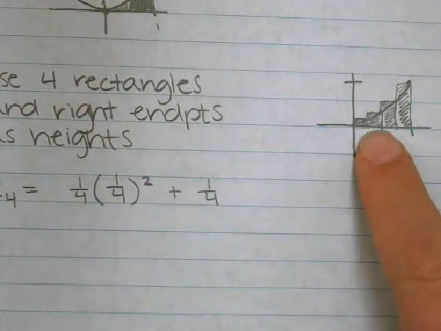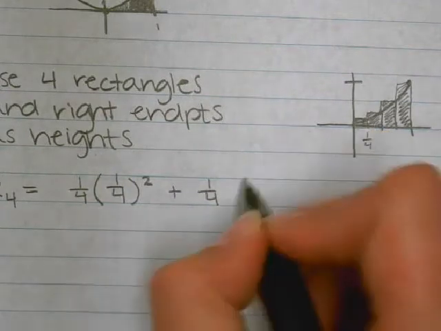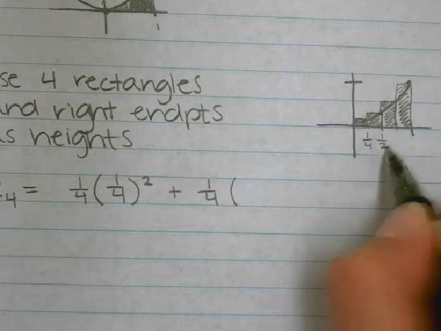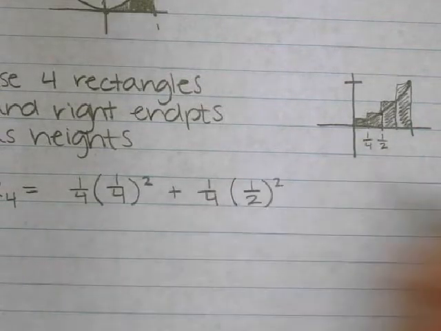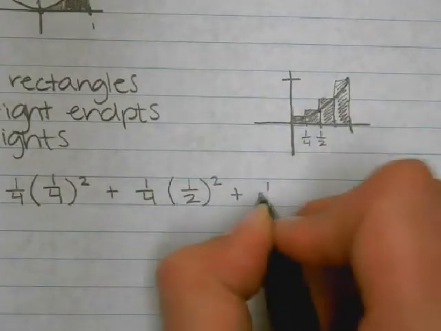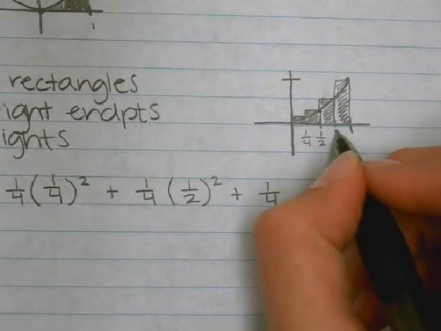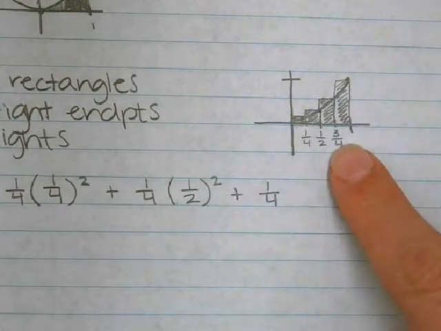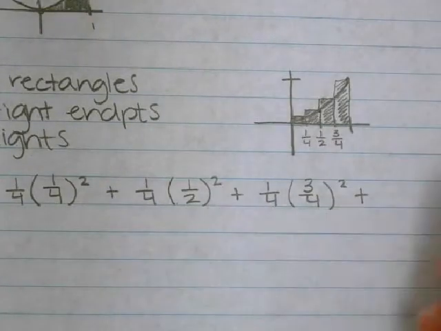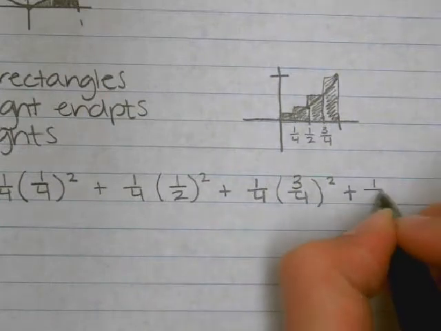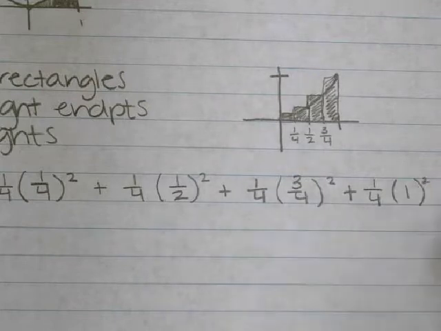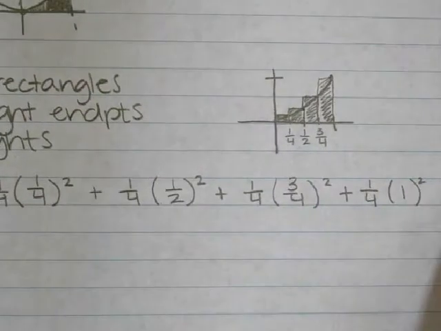Then the width of the next little rectangle is also 1/4, and the height happens where the x value is 1/2, so I plug 1/2 into that equation to see what the height is. The width of the next rectangle is still 1/4, and the height I would get by plugging 3/4 into the equation. And then the width of the last rectangle is still 1/4, and the height is whatever I get when I plug 1 into the equation.